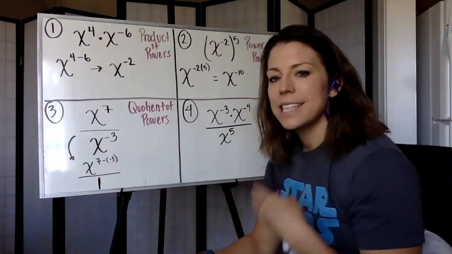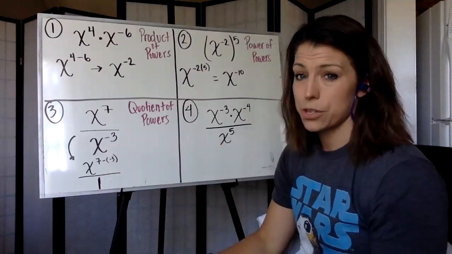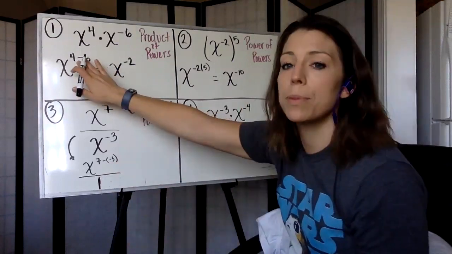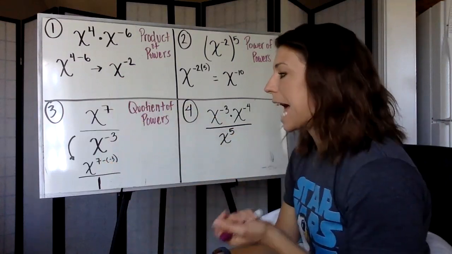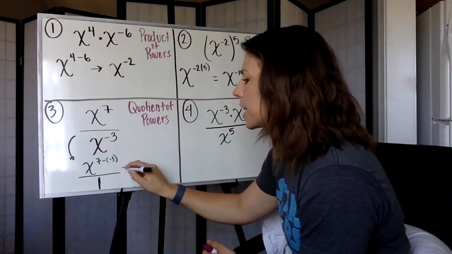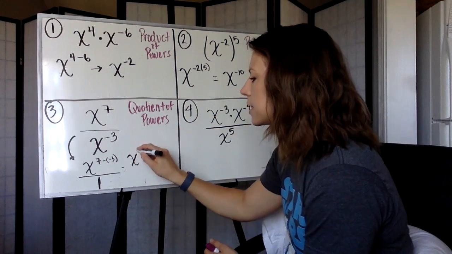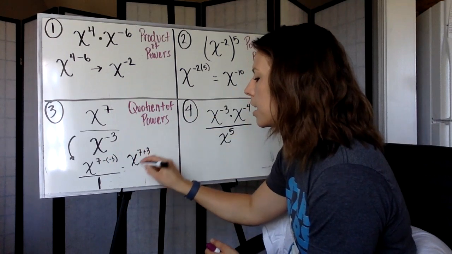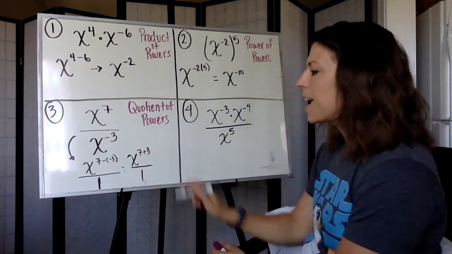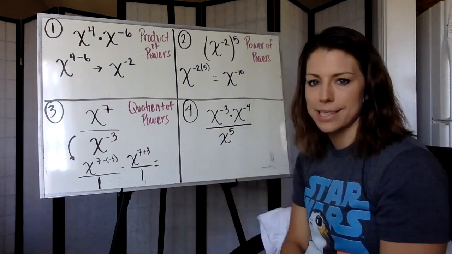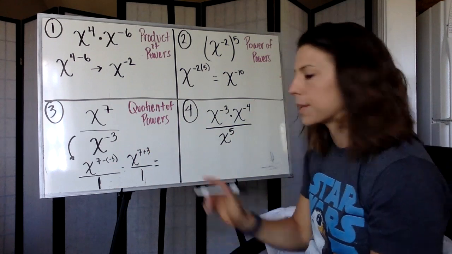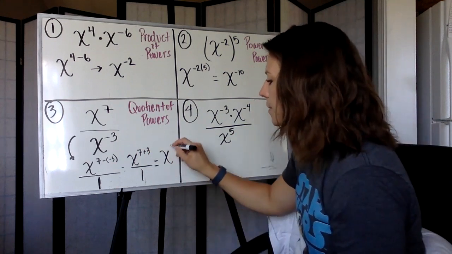Now, what does 7 minus negative 3 actually mean? Just like 4 plus negative 6 means subtraction, subtracting a negative is equivalent to adding a positive. So really this is x to the 7 plus 3, again in the numerator. And then when we finally simplify, we can take out the placeholder 1 because it's not necessary anymore. What's 7 plus 3? That's x to the 10th.